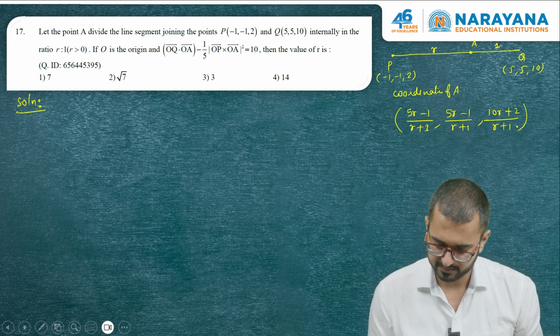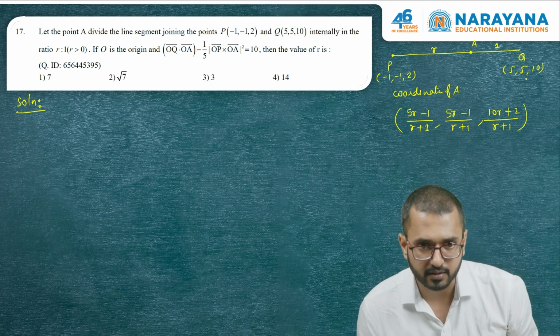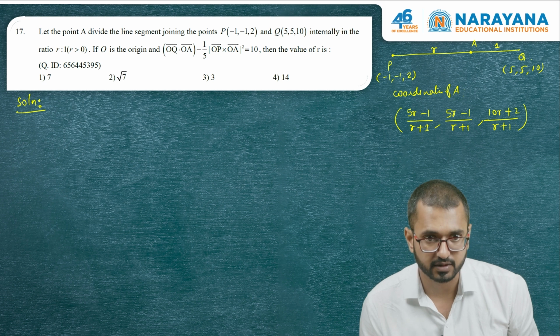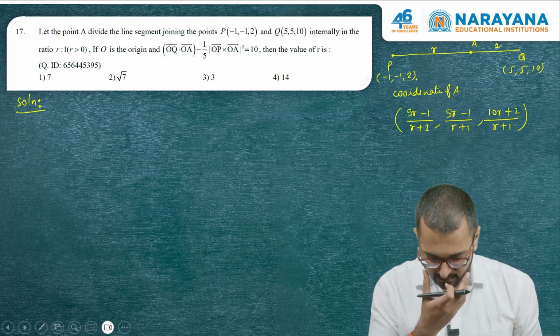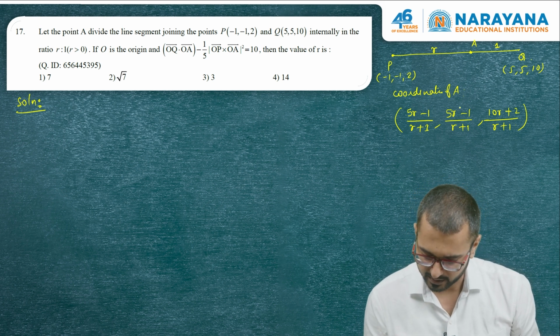Q is given to be 5, 5, 10, P is -1, -1, 2, yes, correct. So that means we got the coordinates of A.